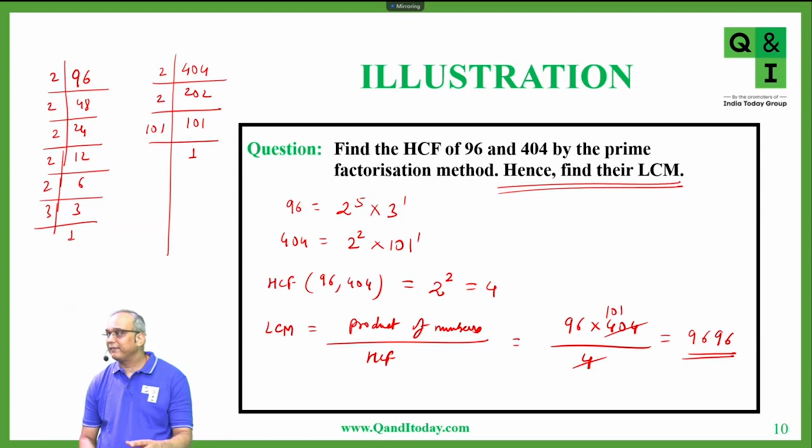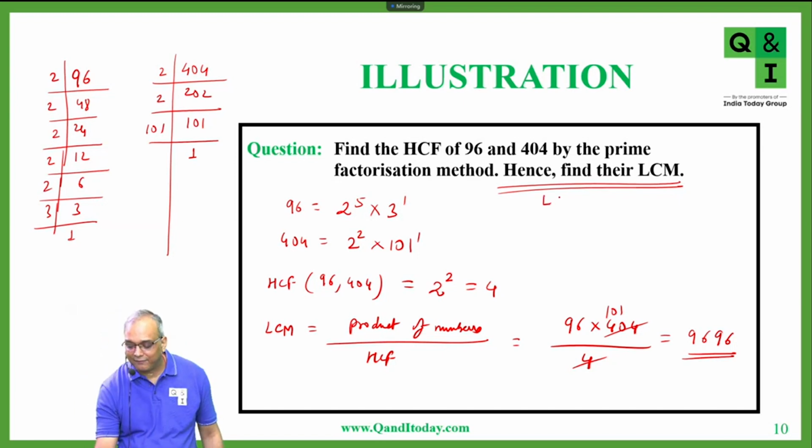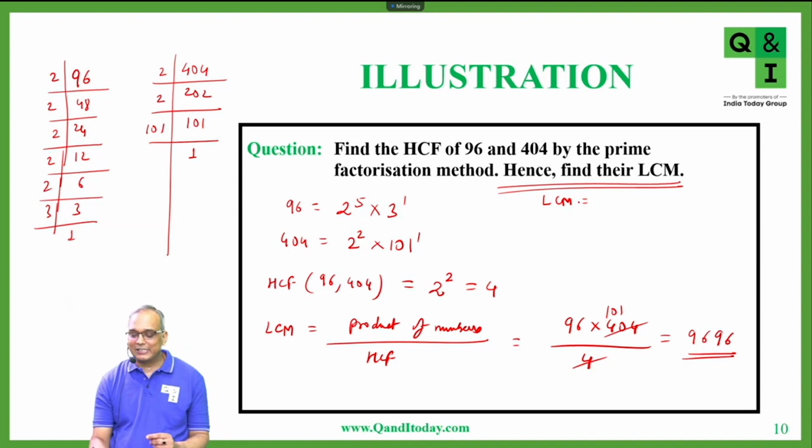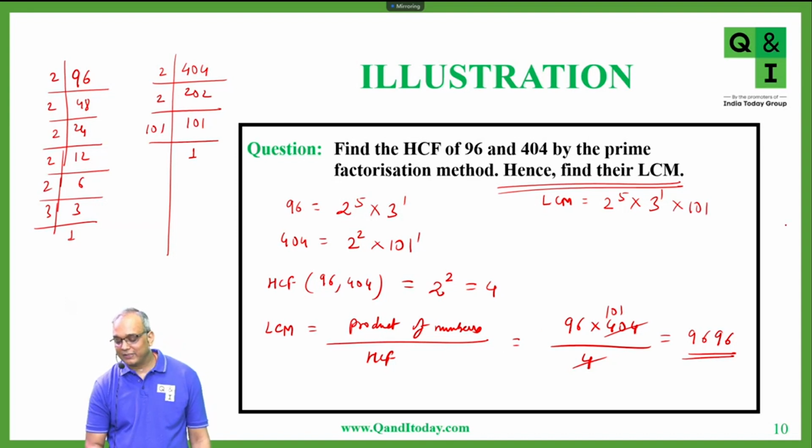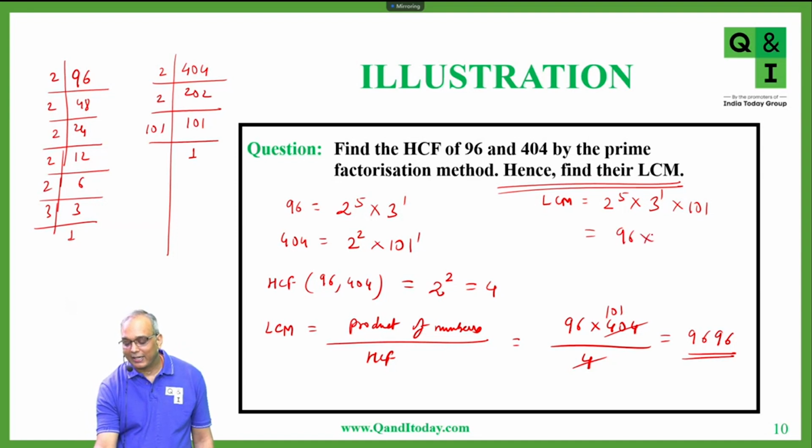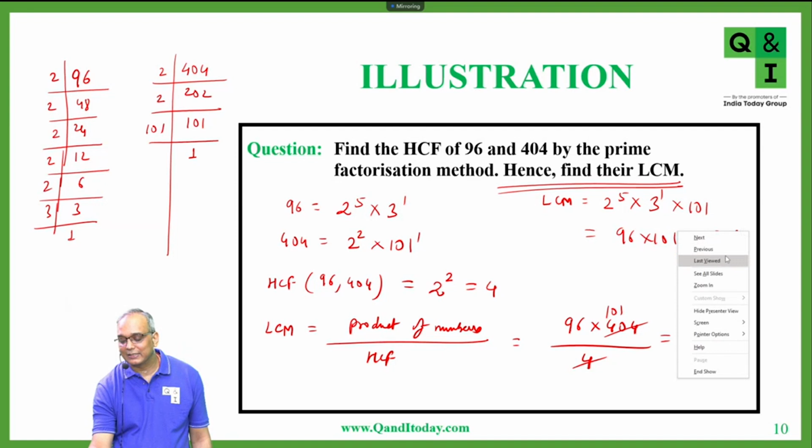You may have done it by prime factorization as well. If you find the LCM using the prime factorization method, this will be 2 to the power 5, 3 to the power 1 and 101. So if you multiply all of this, you are going to get the same thing. 96 into 101, this will be 9696.